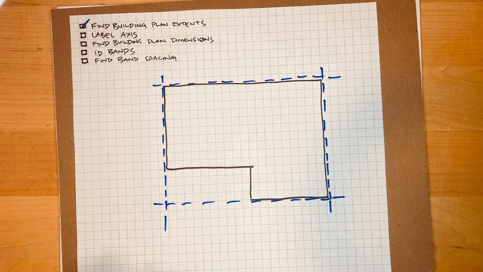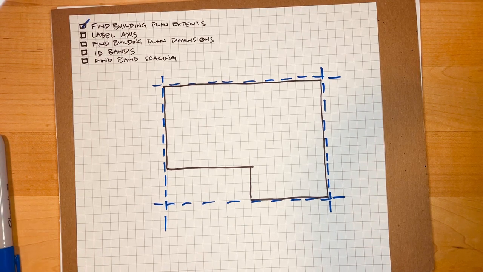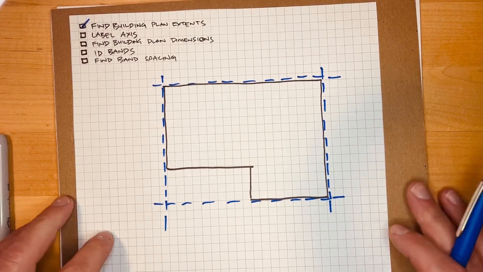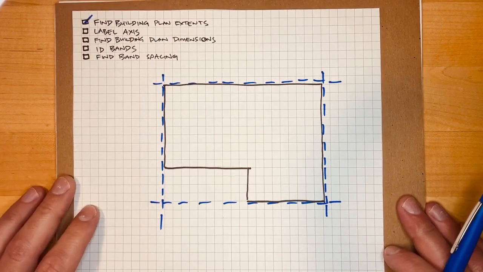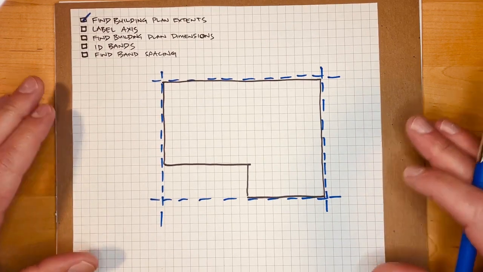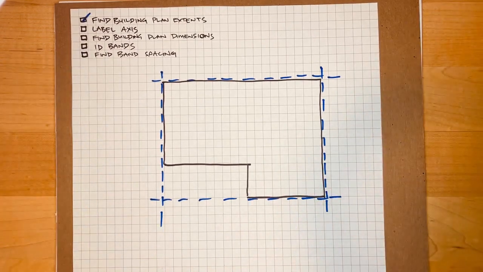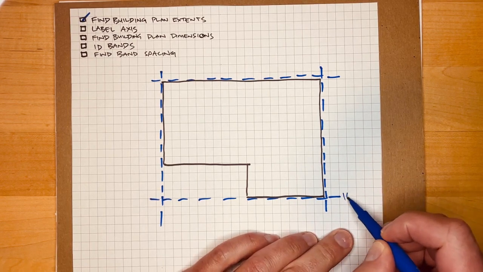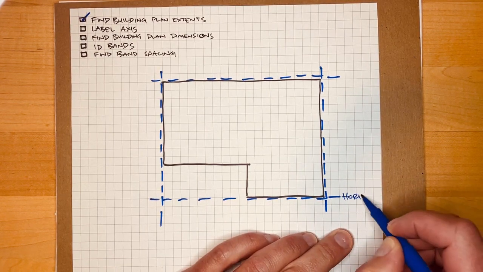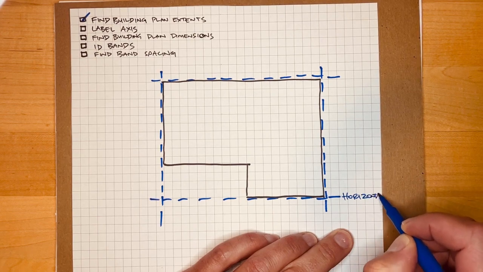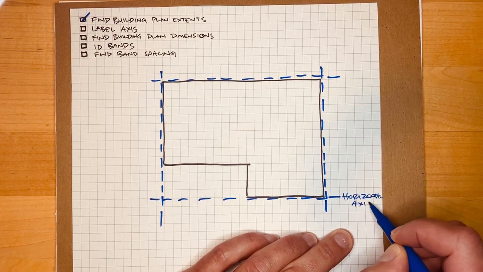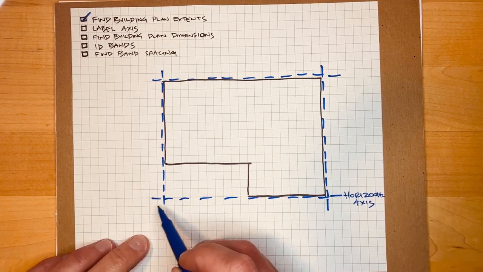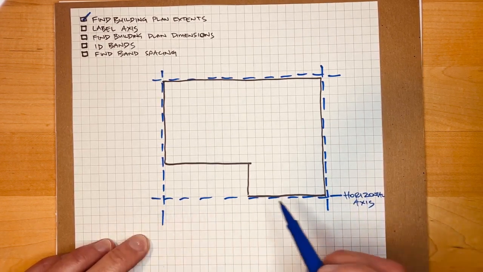Now from here, our next part is that we need to label the axes. To do that, it doesn't really matter just as long as it's consistent. But typically we would see a set of building plans oriented like this with a long side and a short side. And so typically I'd be labeling these ones as the horizontal axis. So that would be this dimension, this axis.